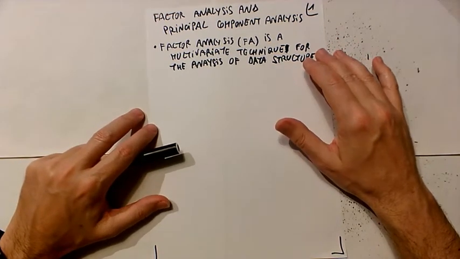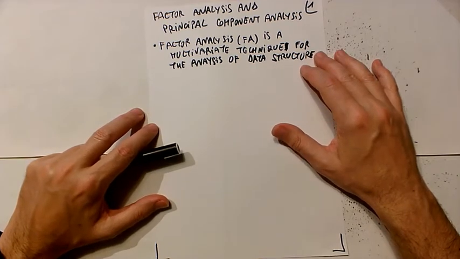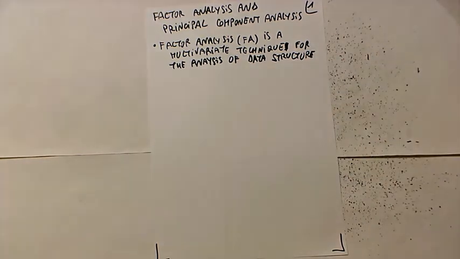This is why we speak of data structure, because usually factor analysis is not the final analysis of our statistical study, but usually it is a sort of preliminary analysis useful for the application of other statistical analysis, just to simplify a complex data set from the point of view of the number of variables.